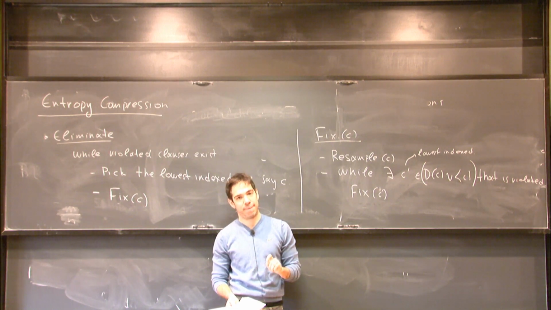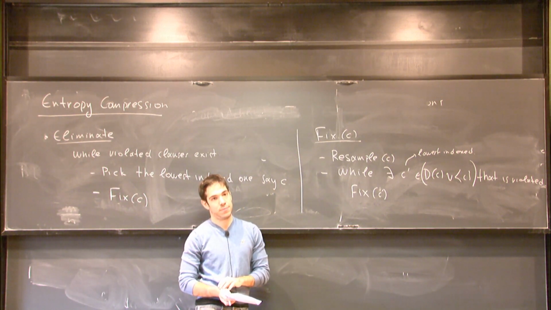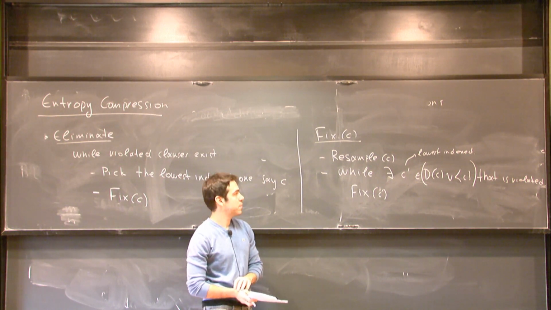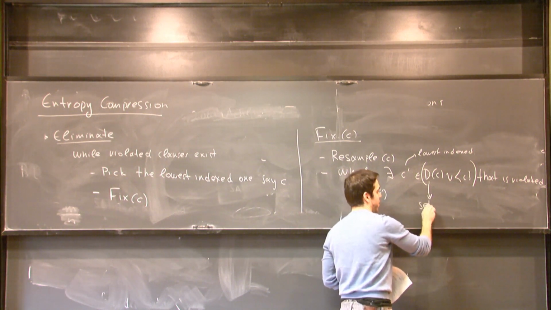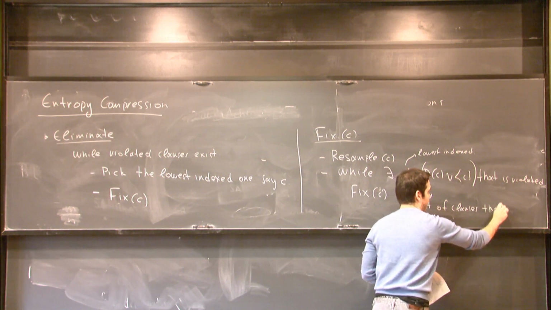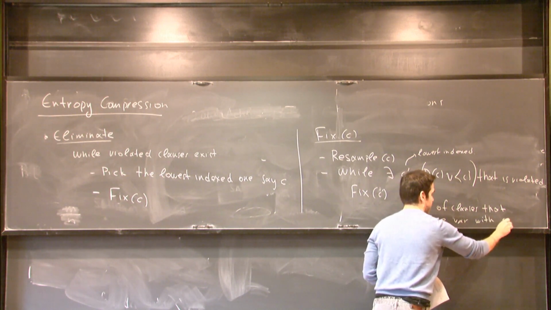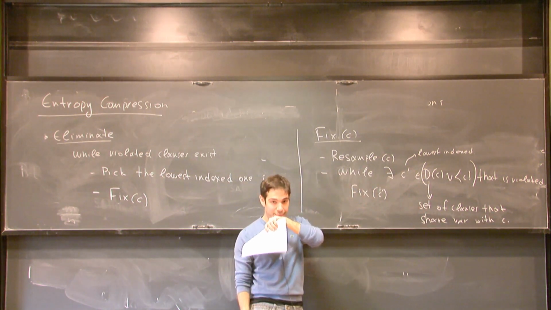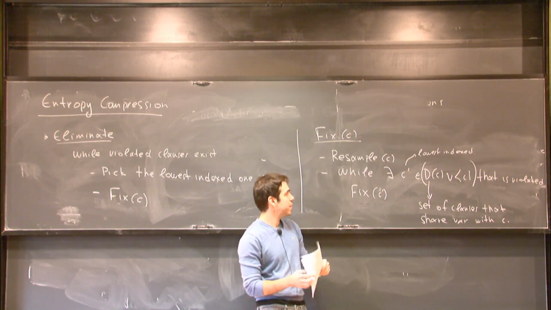Any other questions? These are neighborhoods of C, not sub-variables of C. D of C here is the set of clauses that share variables with C. If you resample C and again get something bad, you resample again.